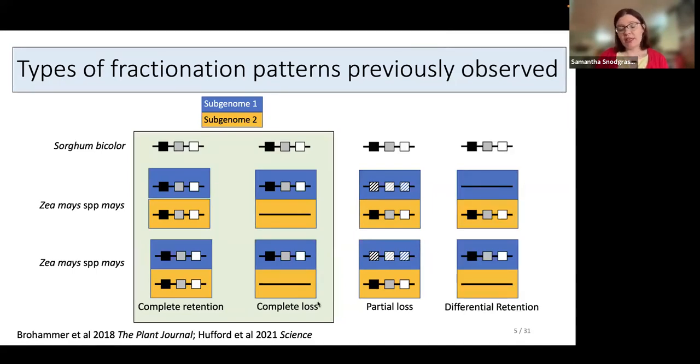You can also see in very rare instances differential retention, where one of the homologs is kept in the first maize line and the opposite homolog is kept in the second. Here, the upper maize line has retained the yellow homolog and the lower maize line has retained the blue homolog. And that's pretty rare to observe.